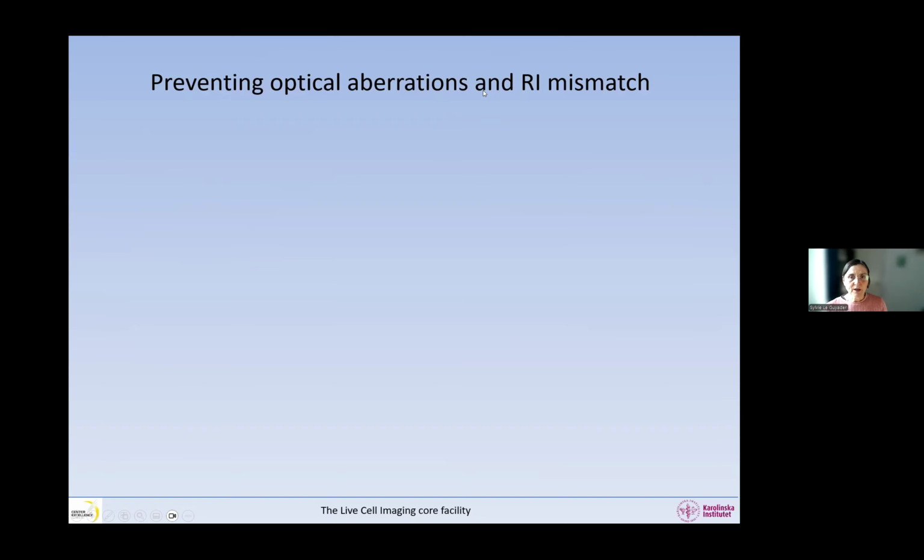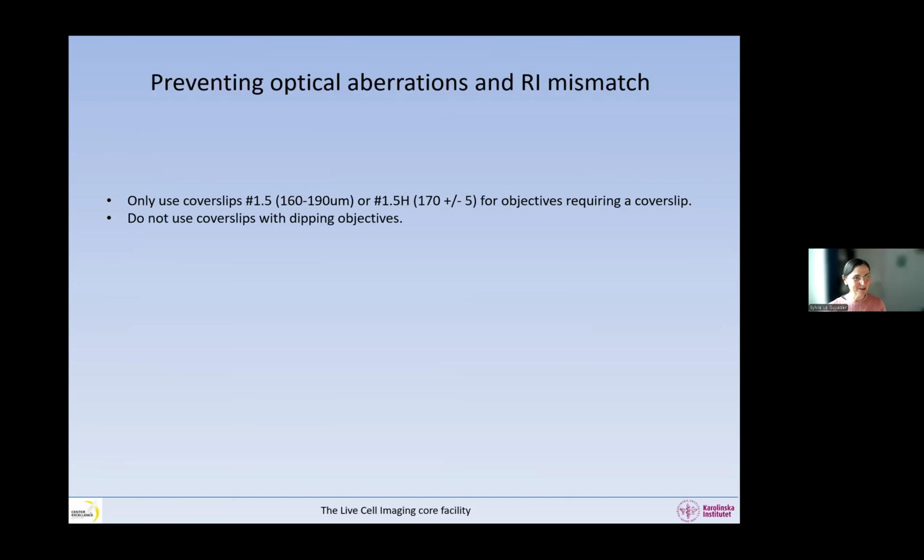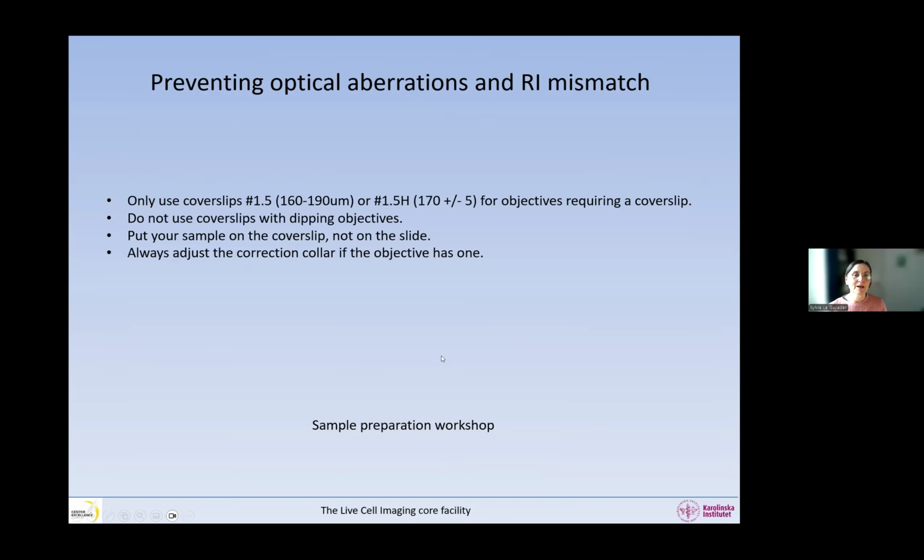So how can we prevent optical aberrations and refractive index mismatch? I will say it again and again, please use the correct cover slips. Do not use cover slips with dipping lenses, and put your sample on the cover slip, not on the slide. We'll talk a bit again about this in the sample preparation workshop.